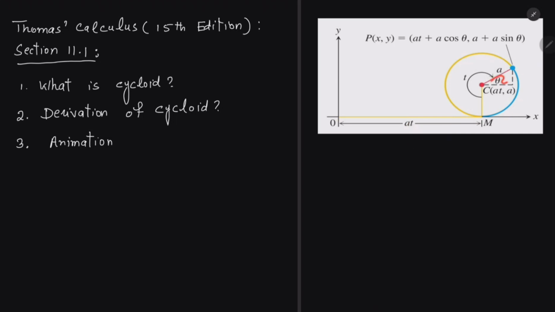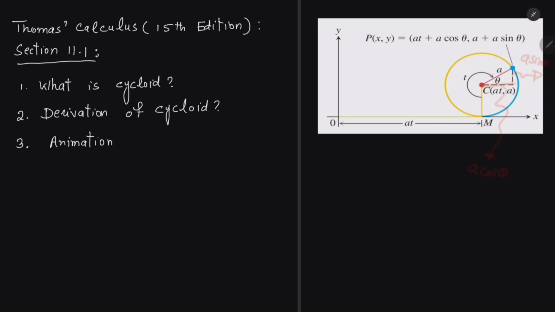is at, and the radius of the wheel is a, which is denoted over here by a, and the angle it makes after it stopped somewhere. This is called a cos theta, and this one is a sine theta.